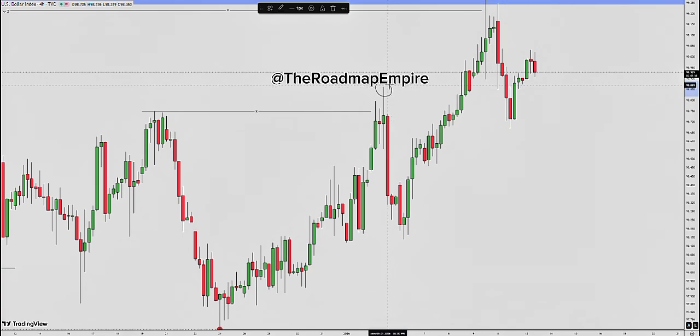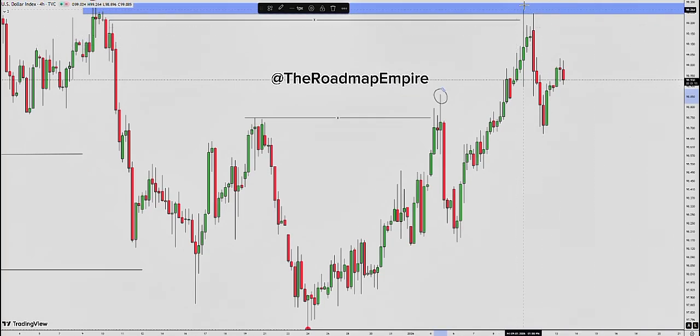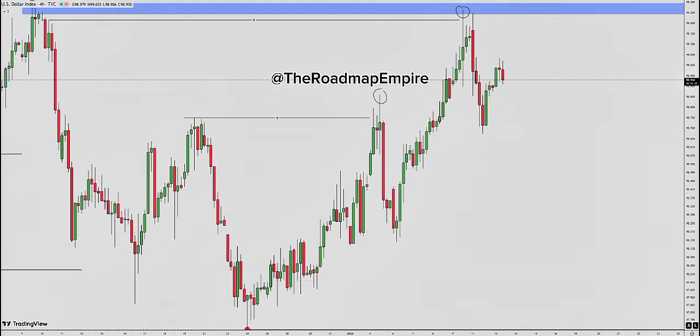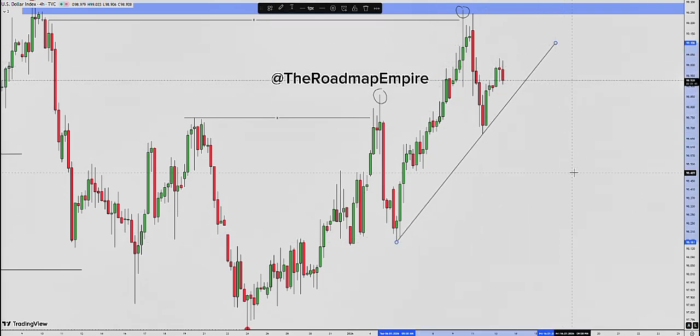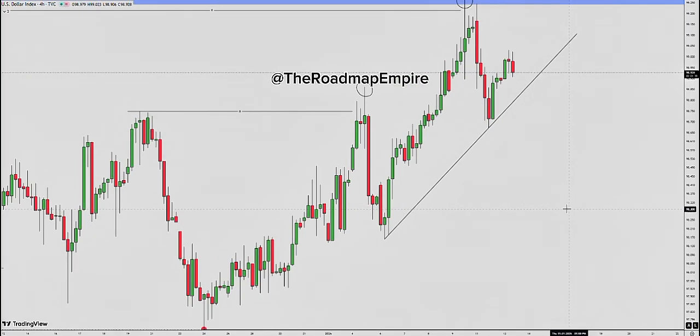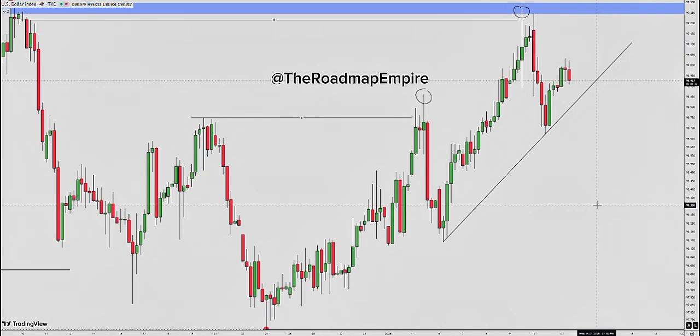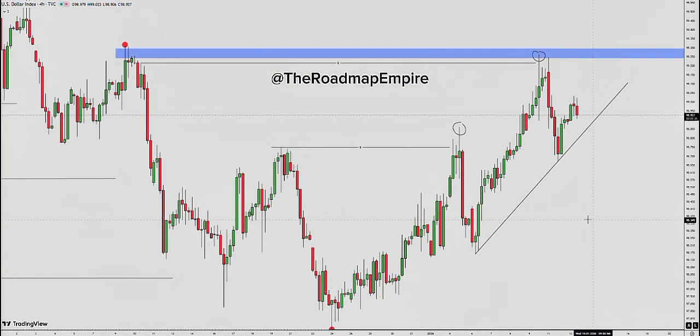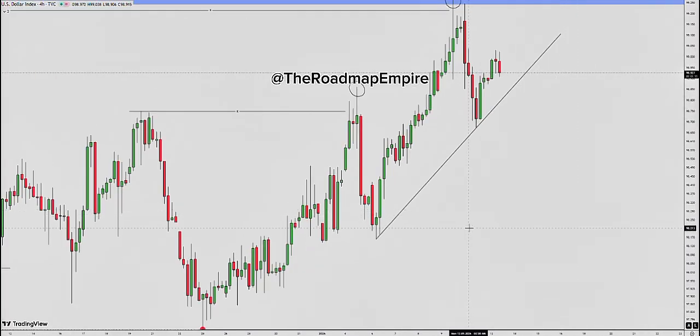I can see that the market has created a high here, and another high. The market has also created a low, so we'll take this low to this low, and it's more like we are seeing a pattern called a head and shoulders pattern.